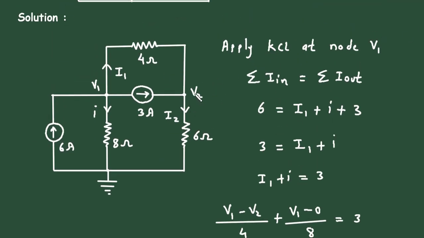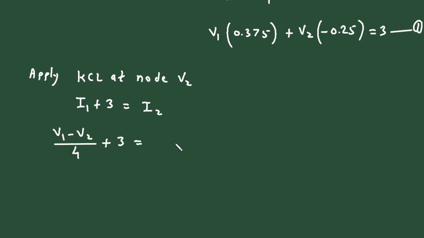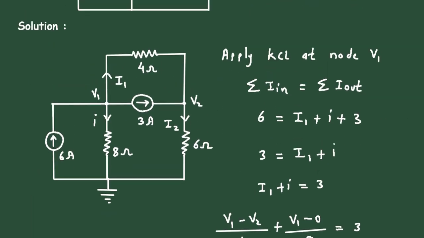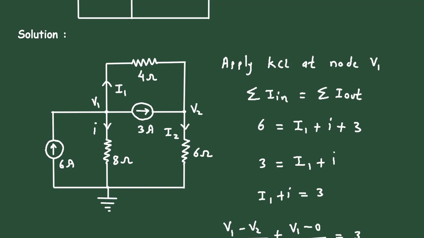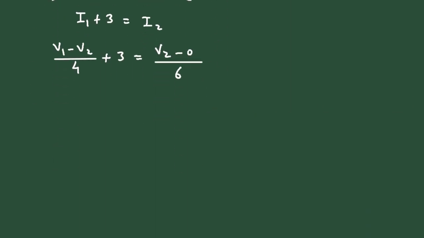Now this I2 will be (V2 minus 0) divided by 6. Now let's simplify this. It will be V1 divided by 4 minus V2 divided by 4, plus 3, and if we take the I2 term on the left side, minus V2 divided by 6 is equal to 0.